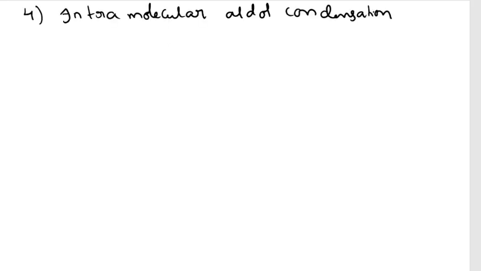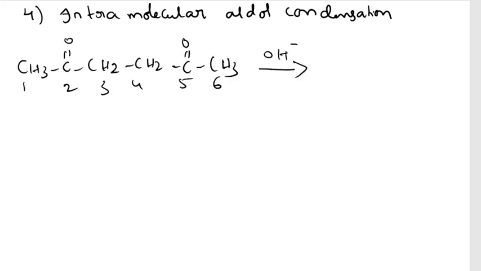Let's consider the last example, a special type of aldol condensation which is called intramolecular aldol condensation. So here the OH minus ion readily takes away the H plus from the CH3, so that you will get CH3 C double bond O, CH2 two times here, C double bond O, CH2 minus.